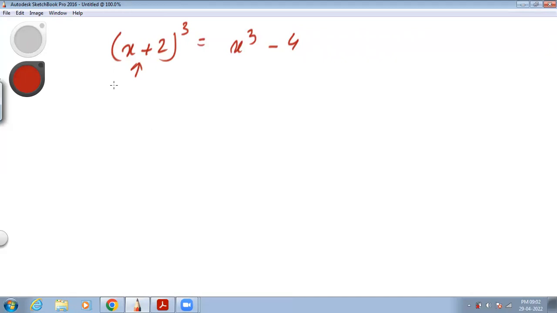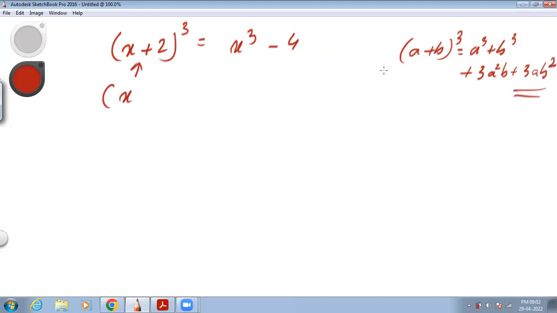Like a plus b whole cube. We know this formula. We have understood this in algebraic identities in our 9th standard. So this is nothing but a cube plus b cube plus 3a square b plus 3ab square.